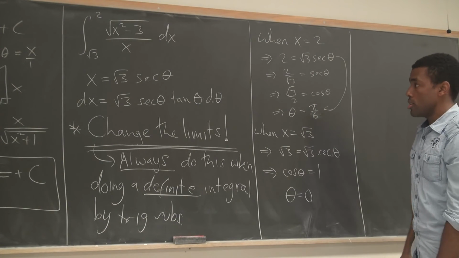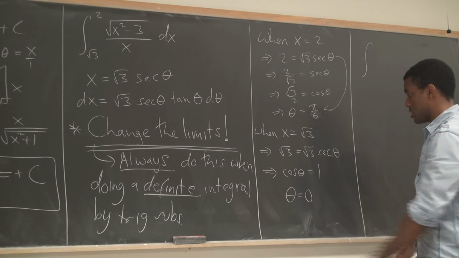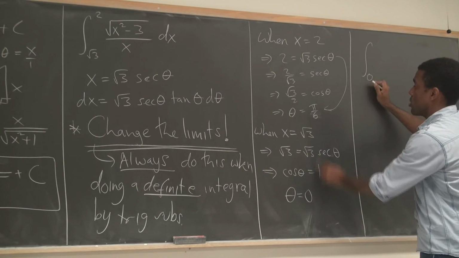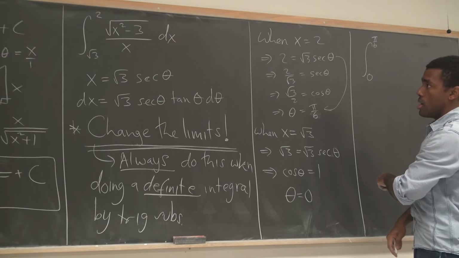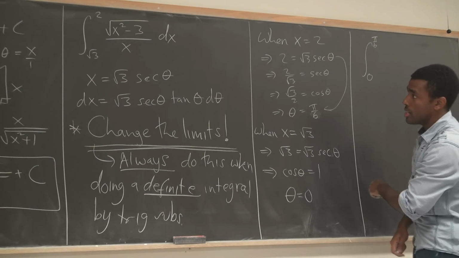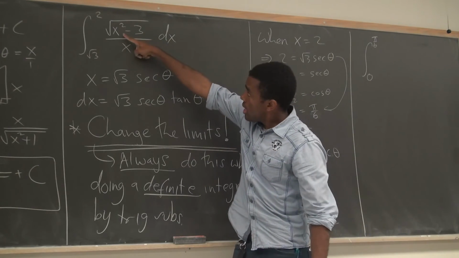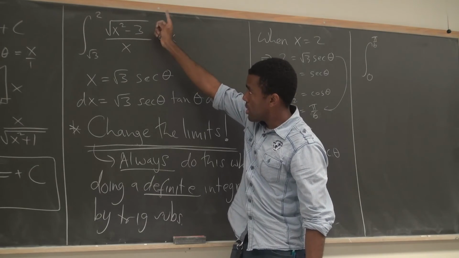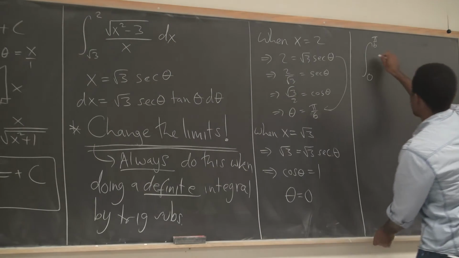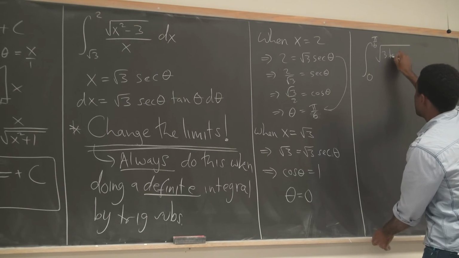And so our new integral becomes, now I'm going to actually change the limits. This goes from 0 up to pi over 6. And now let's start plugging these guys in. x squared is going to be 3 secant squared. Secant squared minus 1 is tangent squared. So under this, I have 3 tangent squared.